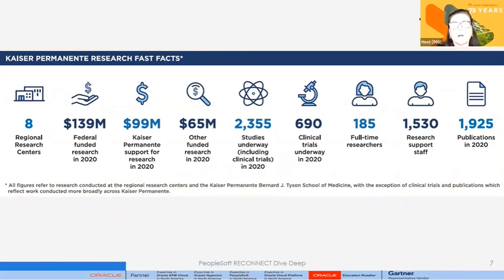And so that makes our world of grants, a very complex world of grants, even more complicated. So we're at about 140 million in annual funding, 99 million Kaiser Permanente support for research. So 65 is other funding sources, and the rest you can look at on the slide as well. So we're going to move on.